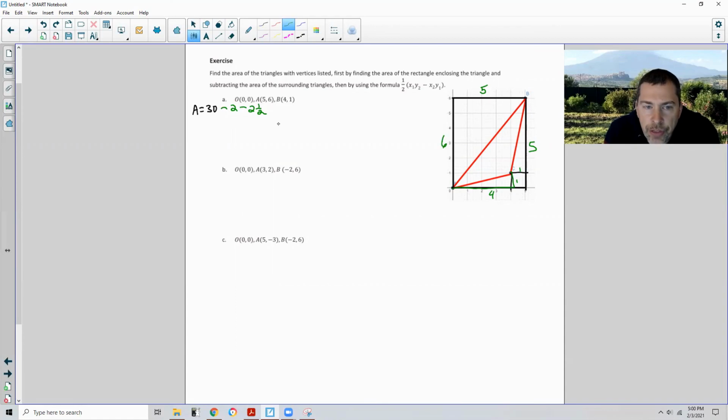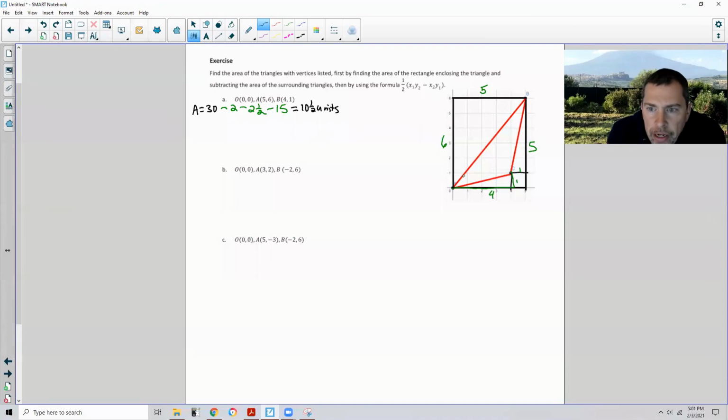So 1/2 of 30 is 15. So the area of this figure should be 30 minus 2 is 28, minus 2.5 is 25.5, minus 15 is 10.5. If I did it correctly, 10 and 1/2 units should be the red triangle.